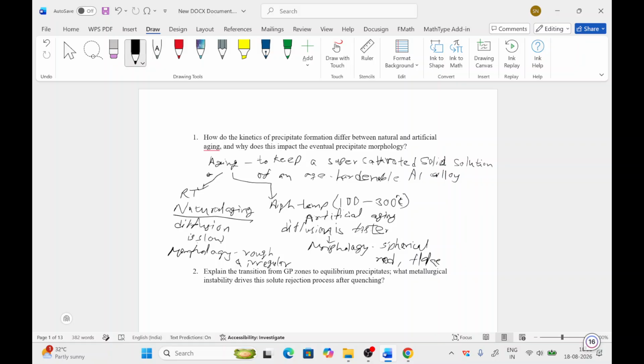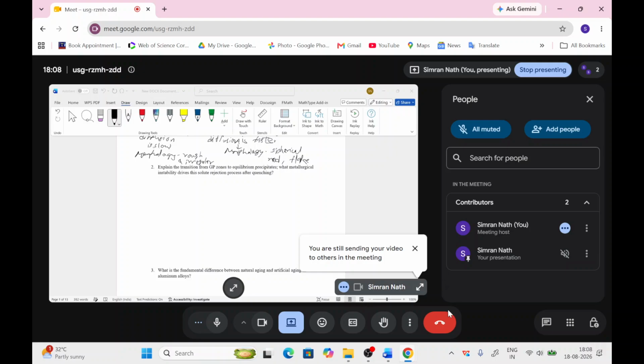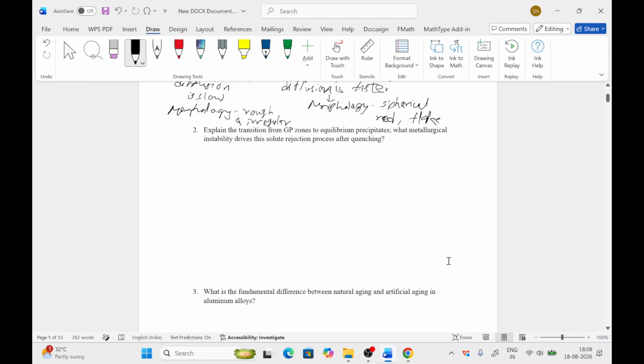Okay, so next question is, explain the transition from GP zones to equilibrium precipitates. What metallurgical instability drives this solute rejection process after quenching?